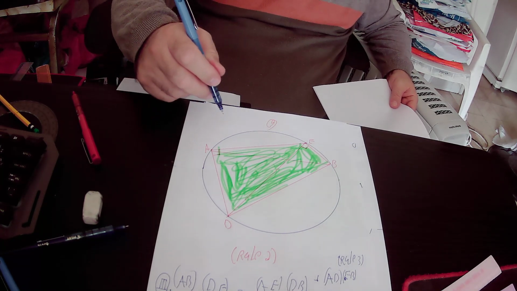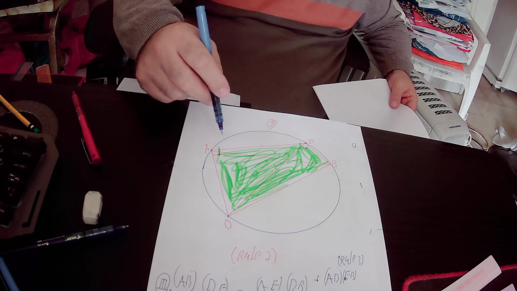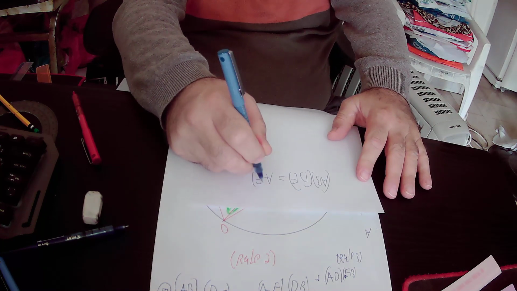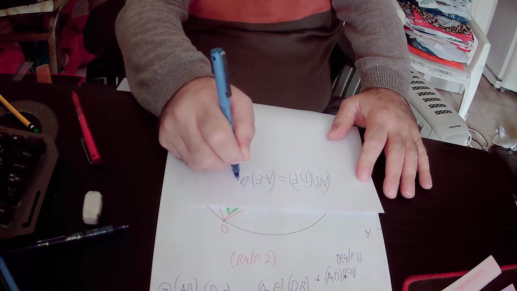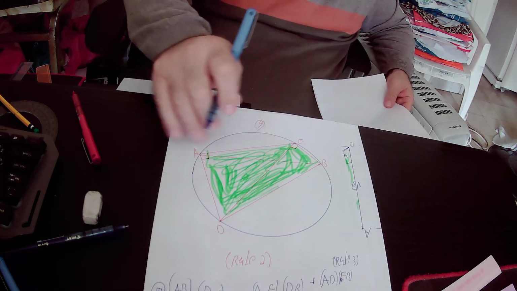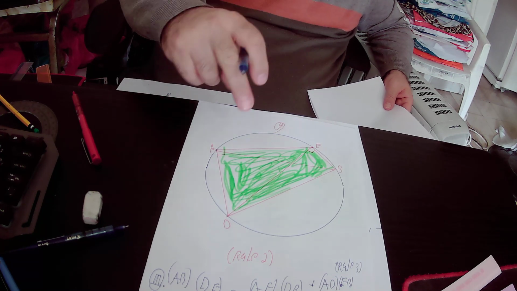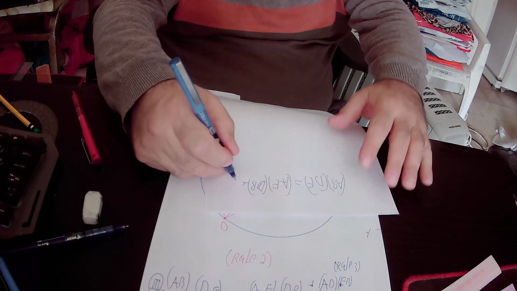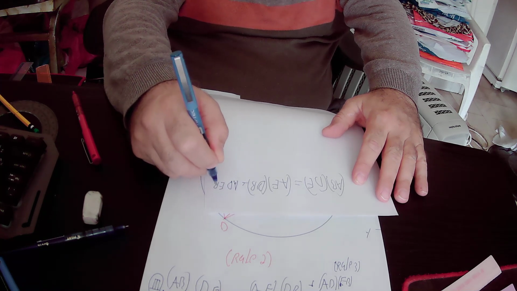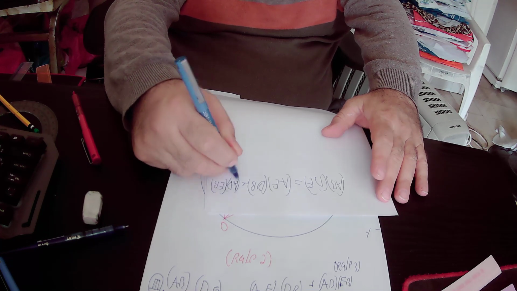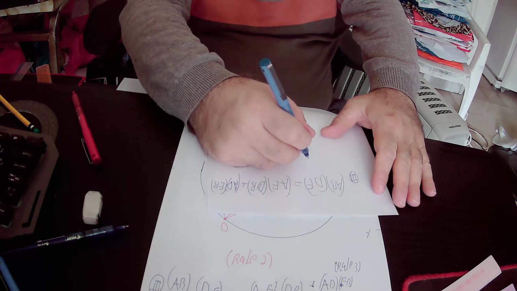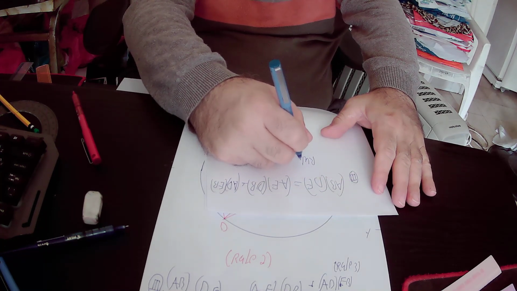The first product of its opposite sides is AE times DB, and the second product of its opposite sides is AD times AB. So equation number 3 is the implementation of rule number 3 in our drawing.